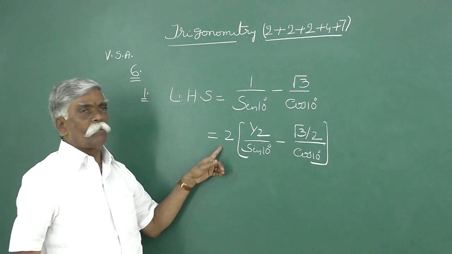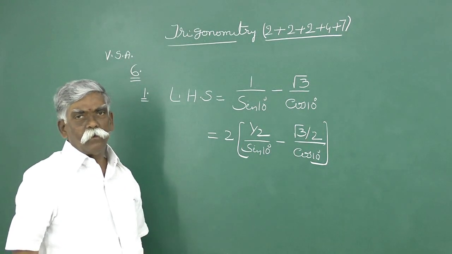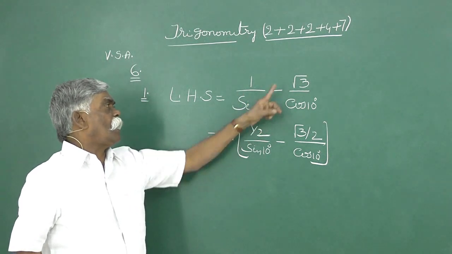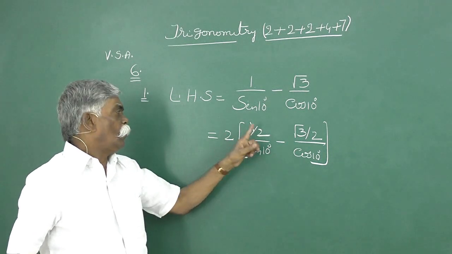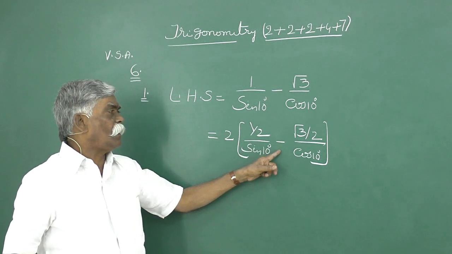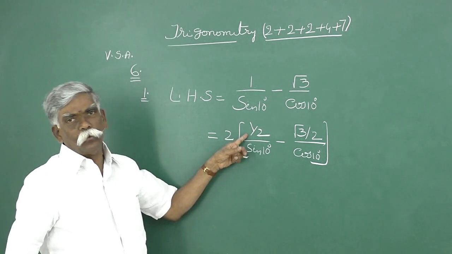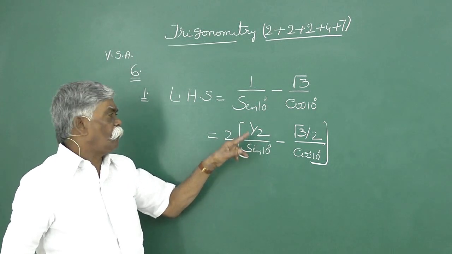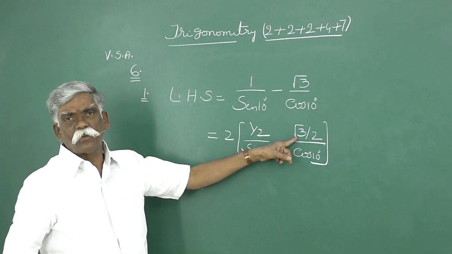Outside we are multiplying by 2 and inside we are dividing by 2. Therefore, the value does not change. So 1 by sine 10 minus root 3 by cos 10 can be written as 2 into 1 by 2 by sine 10 minus root 3 by 2 by cos 10. And 1 by 2 can be written as sine 30 because the denominator is sine. We will write this in terms of sine, and this we will write in terms of cos.